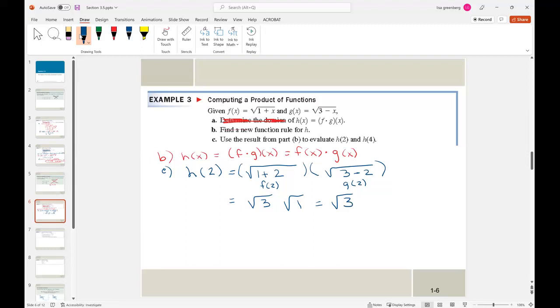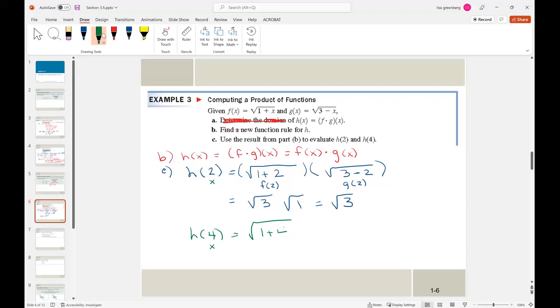Okay? And if I want to find h of 4, that's equal to the square root of 1 plus x, times the square root of 3 minus x, and x is 4.